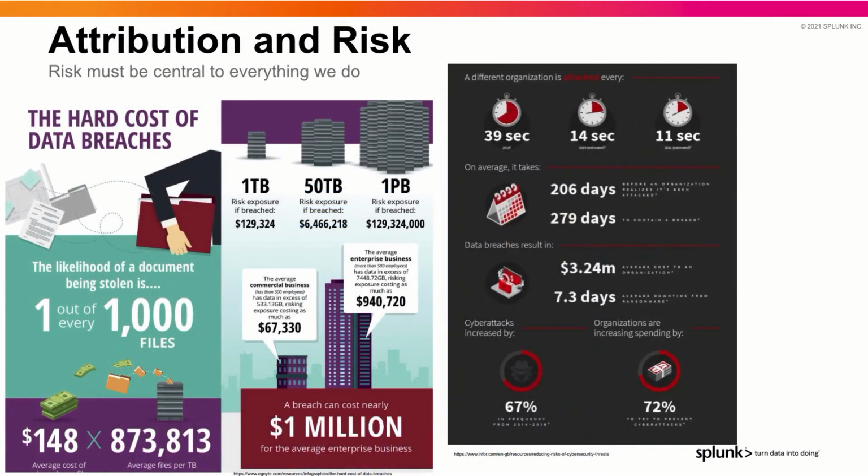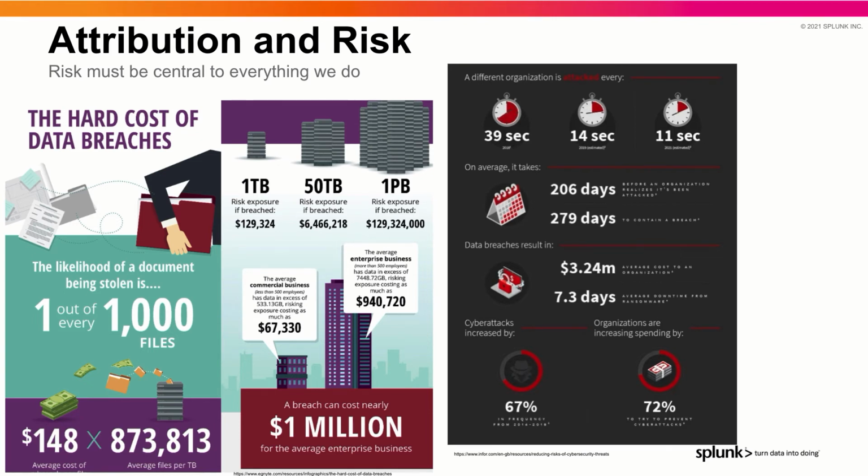So in terms of attribution and risk, we see all these stats, all these things in the news every single day. There's more and more threats that emerge, whether it's a known vulnerability that wasn't patched for whatever reason, or some new 0-day, some new ransomware, or even some old ransomware that just resurfaced. But the fact is that breaches are happening more and more, and as an industry, we're struggling to keep up.